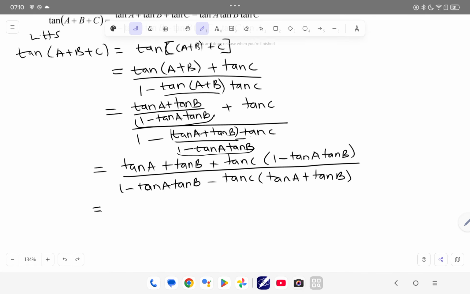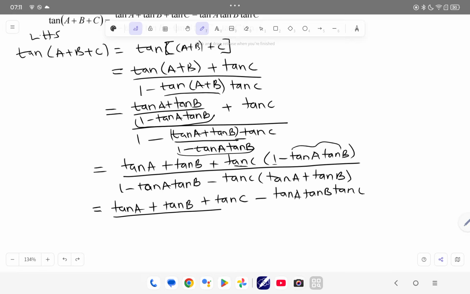So what do we get? We get tan A plus tan B. Now here we multiply tan C times 1 is tan C. Then tan C times tan A tan B, we get minus tan A tan B tan C. That's a product.